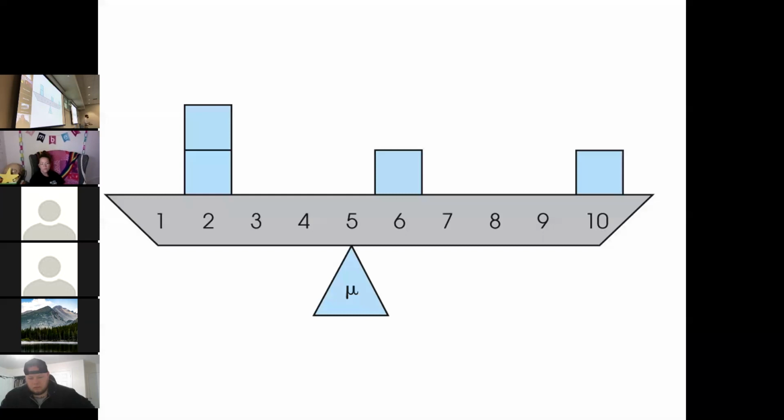So if I have two 2s, one 6, and one 10, add them all together, that's 4, 10, 20. 20 divided by 4 is 5. That's that mean. And if this were in the real world, it would literally just be balancing there.